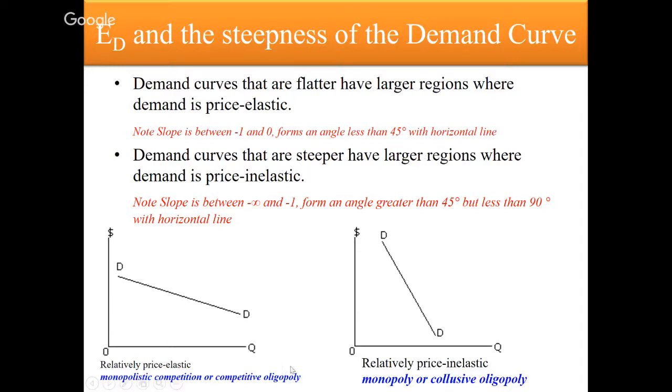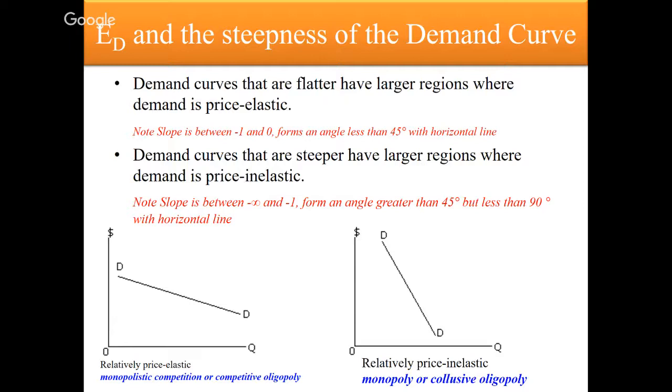We describe this kind of demand as being relatively price elastic, and there's two market structures that would fall under this description. Monopolistic competition. Fancy restaurants, certain luxury products tend to fall under monopolistic competition. They tend to have relatively price elastic demand, and a competitive oligopoly like cell phone services would also fall under there.